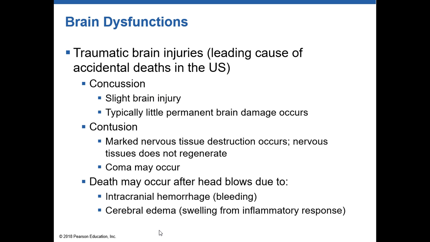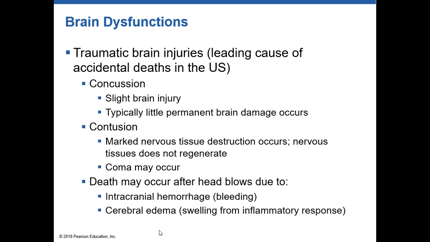Now, we have all of these protections in place, but that doesn't mean our brain can't get injured. We have a lot of brain dysfunctions, or things that can happen to our brain. In fact, TBIs, or traumatic brain injuries, are the leading cause of accidental deaths in the US. These usually occur whenever we have some kind of blow to the head.